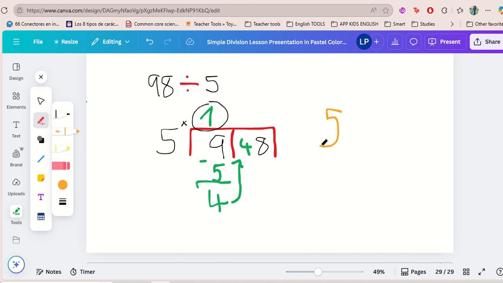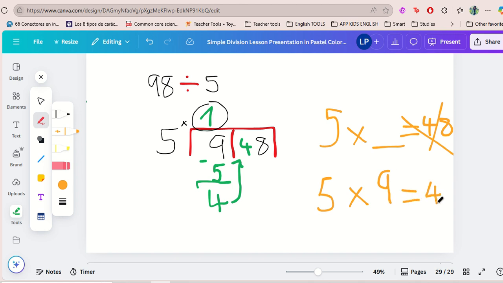Excellent. 5 times what number equals 48? Is it possible? It's possible, teacher. We need a number that is closer. Which number is closer to that number? Yes, 9, because 5 times 9 is 45. It's a number that is closer to 48, but not too big.